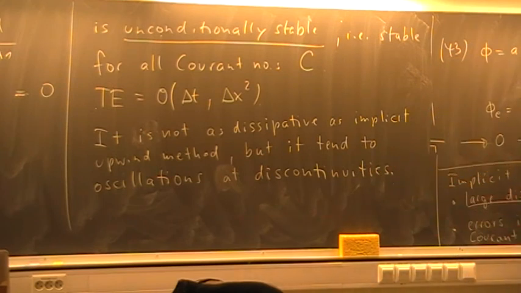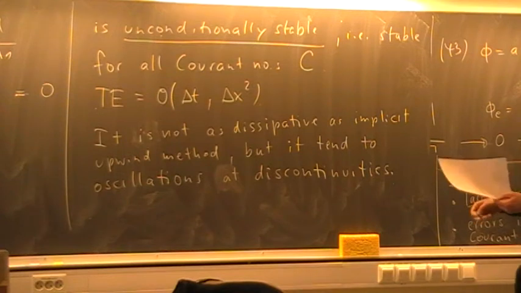So in that sense it's less, we call it robust, than the implicit upwind method. In a sense more accurate, but not as robust. So you can look more details up in the book.